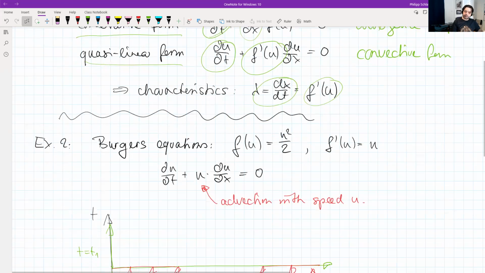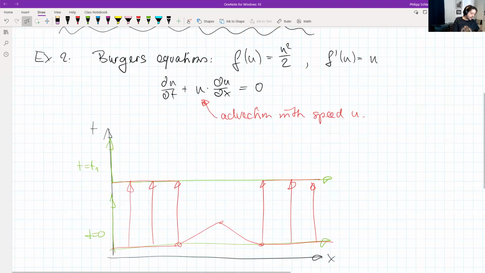And then we have done a number of examples. The first one was just the advection equation, where we could see that the f prime would be a, and f of u would just be a times u. So you have a simple convective flux a times u.